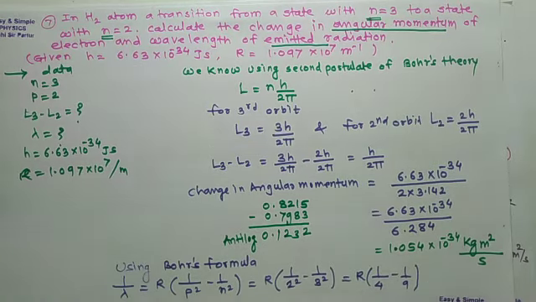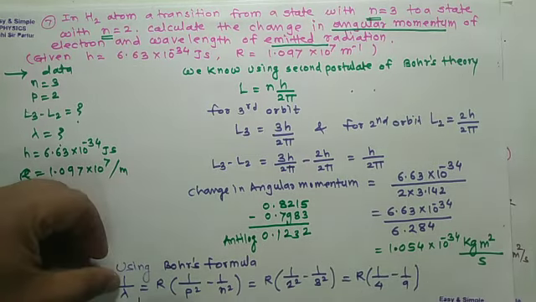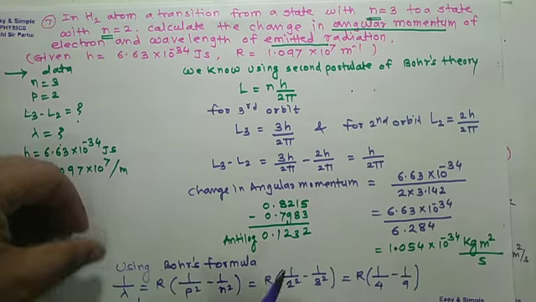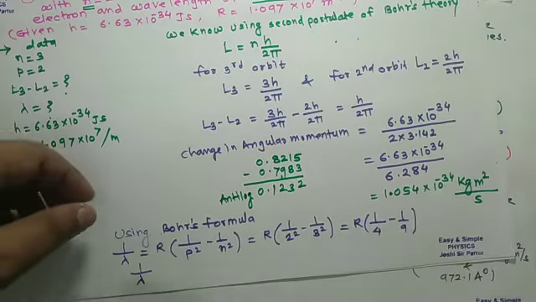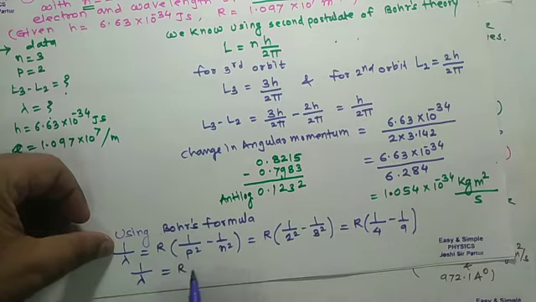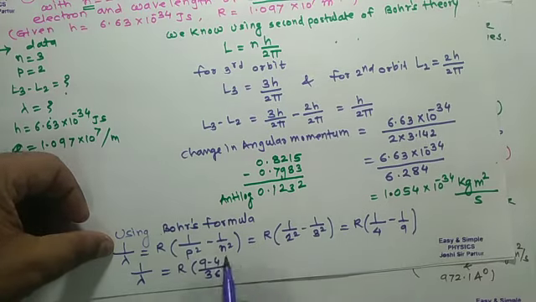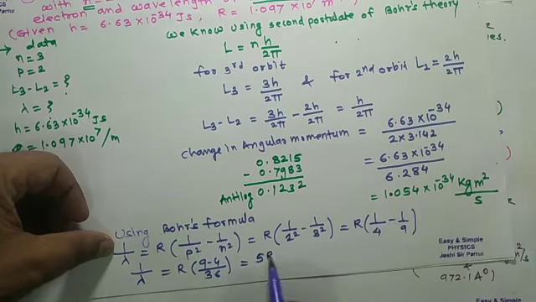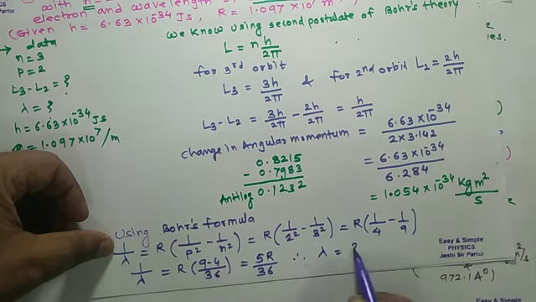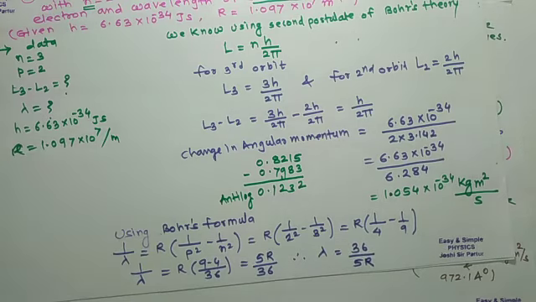By making cross multiplication, 1 upon lambda is equal to R in bracket 9 minus 4 upon 36, which is 5R upon 36. Therefore, lambda is equal to 36 upon 5R.